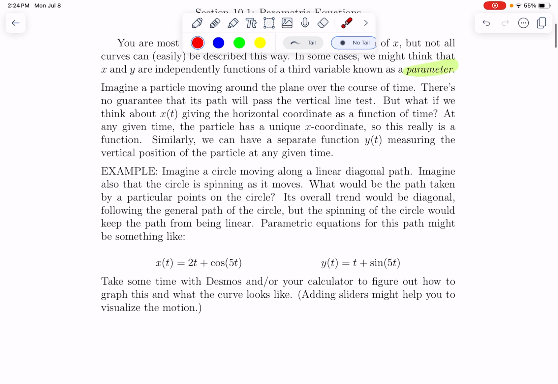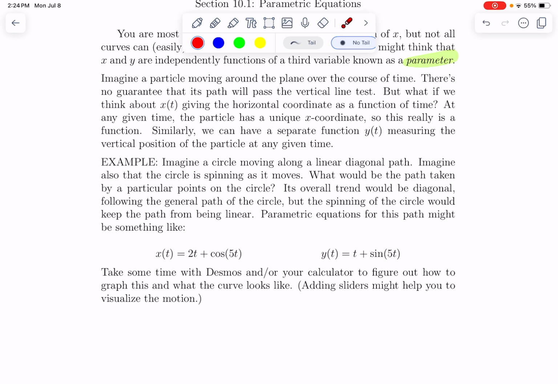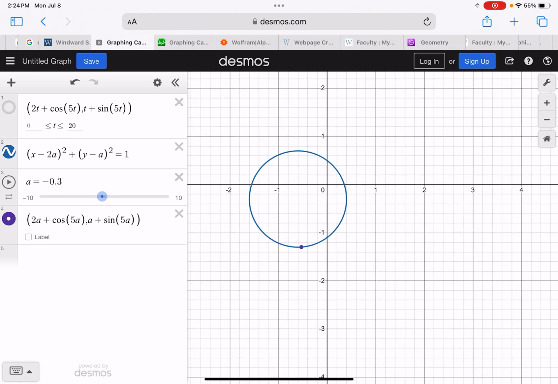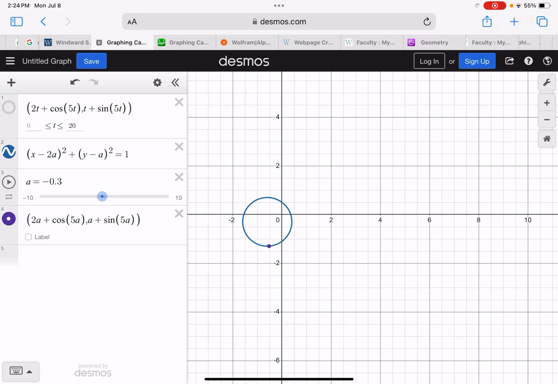So let's look at an example. Let's imagine we have a circle that's moving along a linear diagonal path. And then let's also imagine that that circle is spinning as it moves. So I actually have this set up on Desmos. Here's our circle, and you can see there is a point right now at the bottom of that circle that I have highlighted.